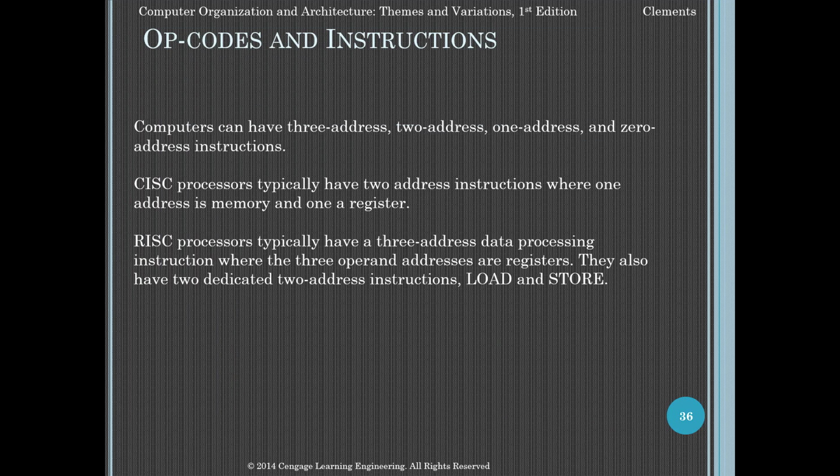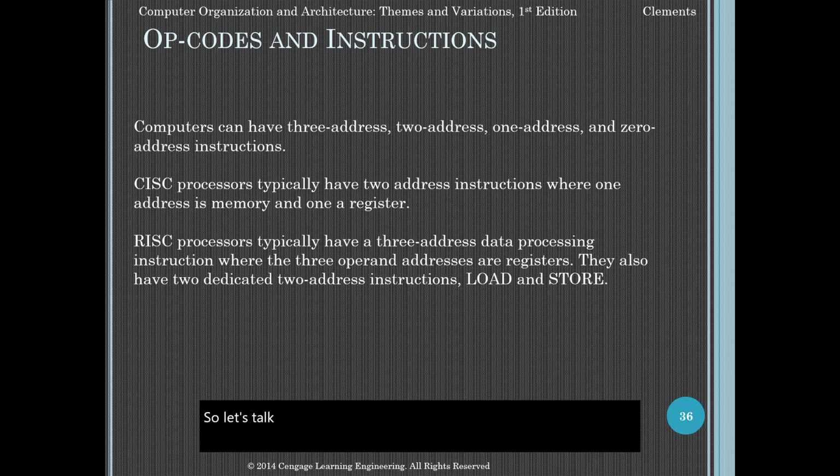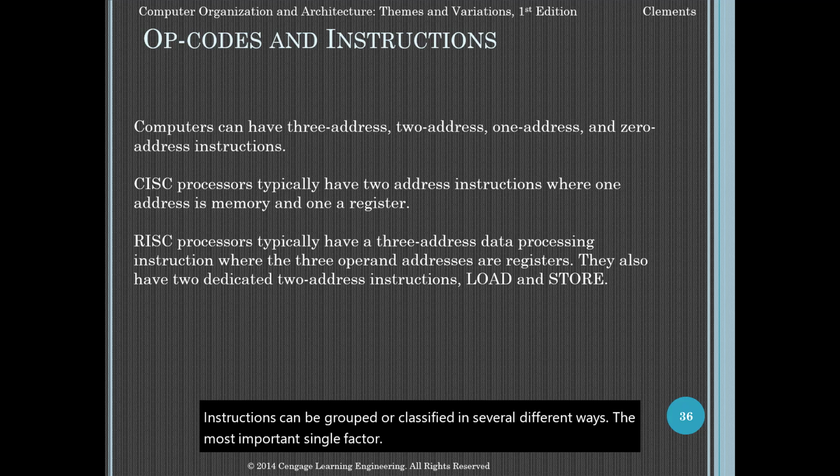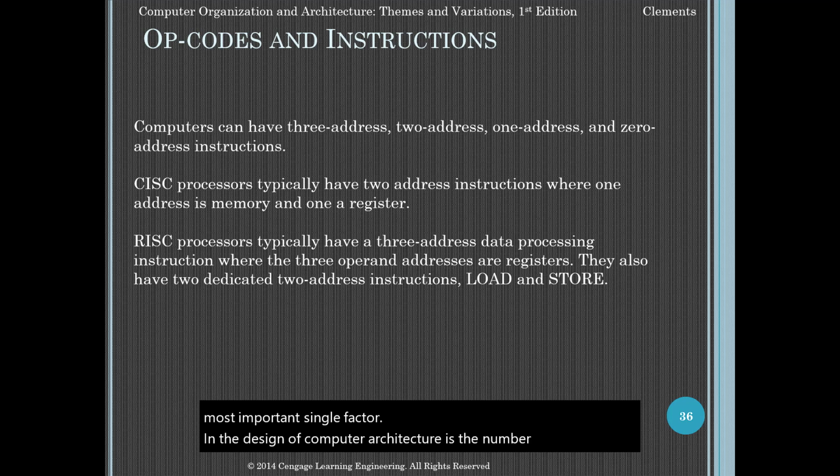So let's talk about opcodes and instructions. Instructions can be grouped or classified in several different ways. The most important single factor in the design of computer architecture is the number of operand addresses per instruction.